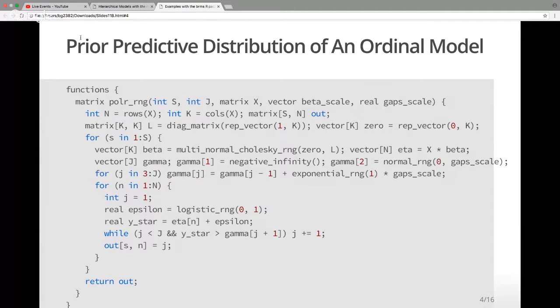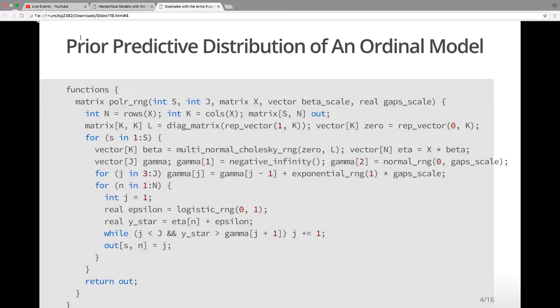First of all, as long as little j is less than the number of categories, it evaluates the second part. And it says as long as y star is greater than the next cut point, increment j up. And then when that while loop condition fails to hold, you now have a realization of the outcome that you can stick into the matrix.